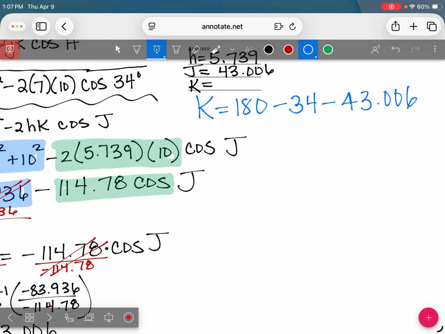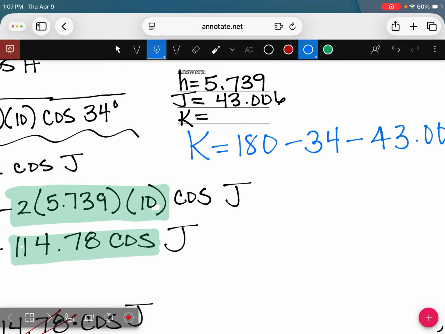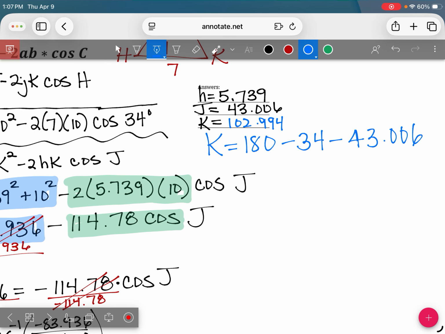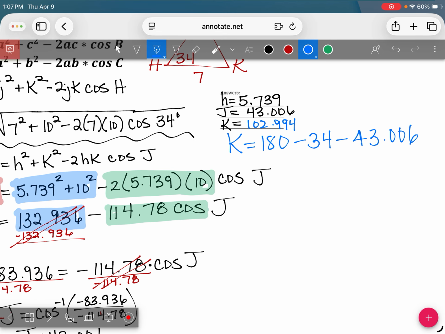So my answer for big K is 102.994. We don't have an ambiguous case, none of that. Those would be my three answers. And we solved it by using the law of cosines. Any questions about that?